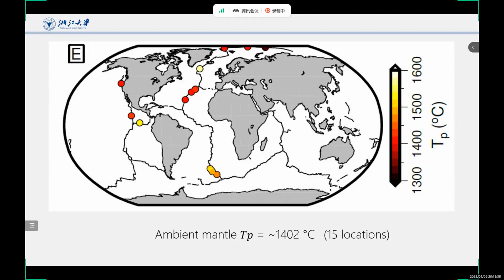So they only use the data that have lower temperature. So the potential temperature they calculated is 1402 degrees C. That's their result.